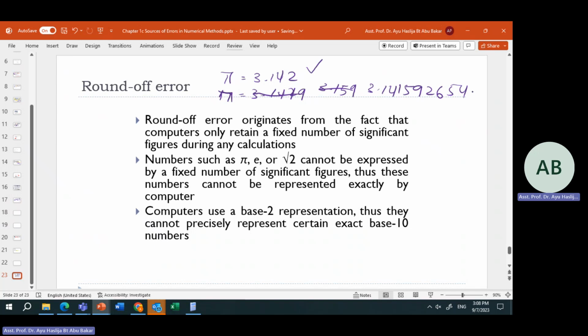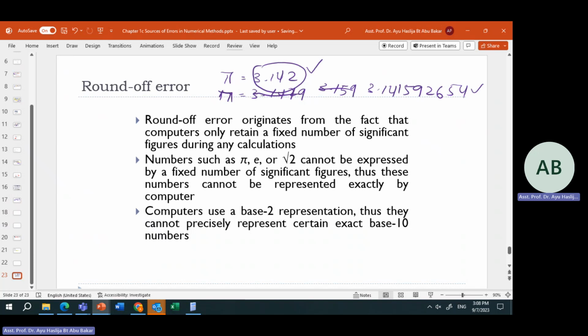So if you use this longer version of pi, you will get your answer much closer to the true value, perhaps with a lower percentage of error. Whereas if you round it off, the error might be a bit higher compared to using more decimal points. So this is round off error.